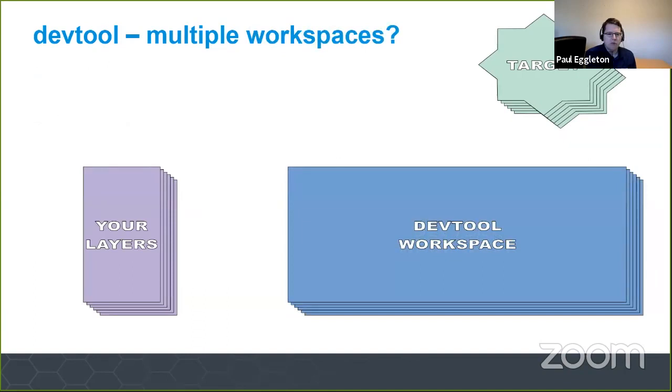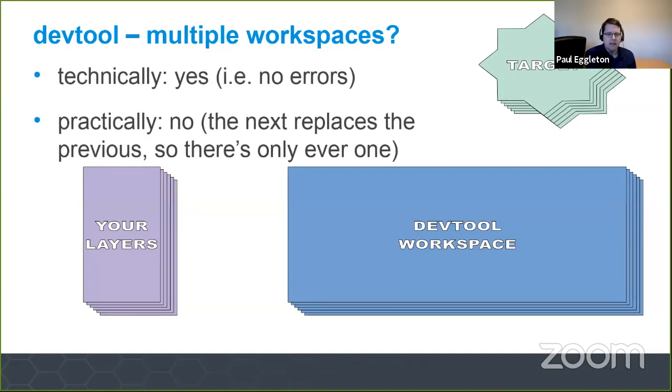So can you have multiple workspaces? Technically you can, but you can only really use one at a time, so you wouldn't normally do this. You can have as many recipes as you want in the workspace, and because you're not generally exposing the workspace to anyone else, there isn't a need to have more than one.